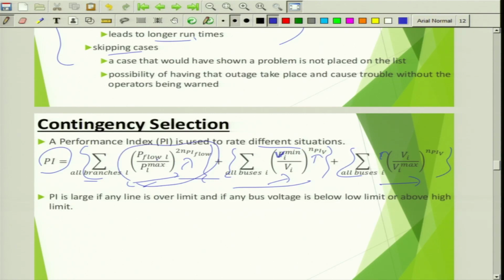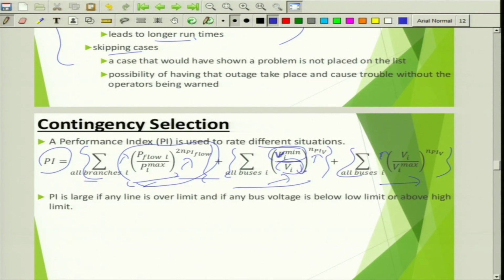For example, if power flow is larger than the maximum limit, this is greater than 1. Here you can see there is a minimum voltage limit, that is a constant number. If voltage collapses below that limit, that is considered a critical event for us. In that case the performance index should increase, it should not decrease, right.